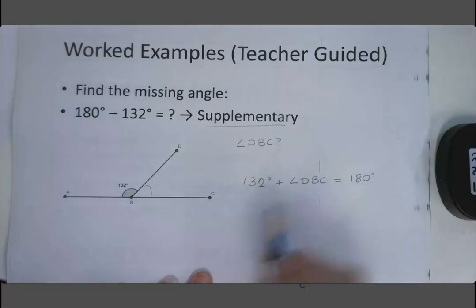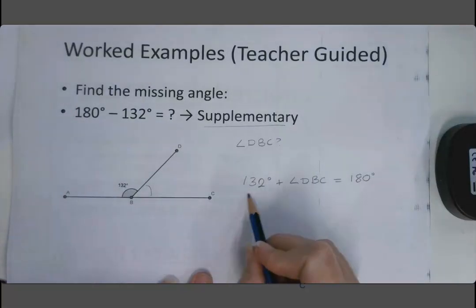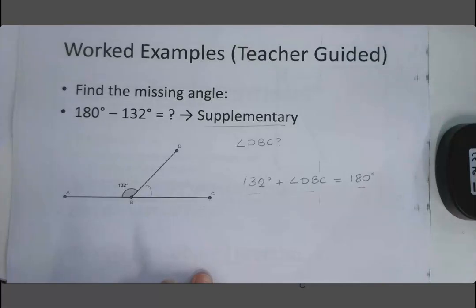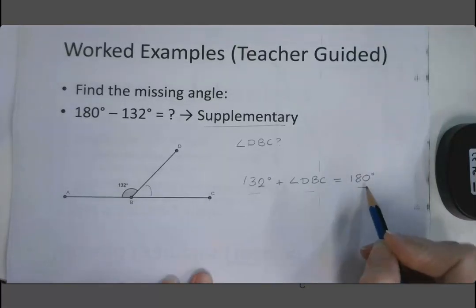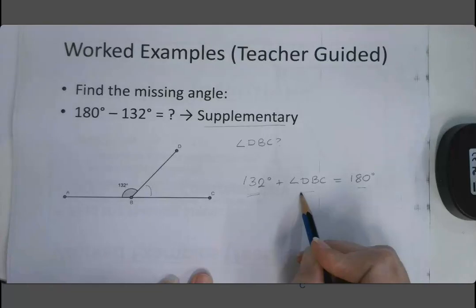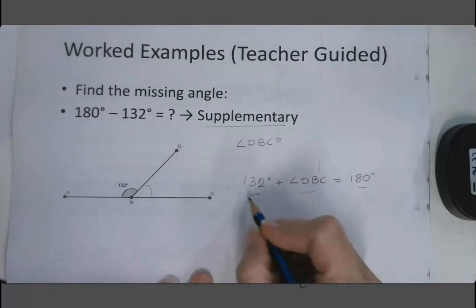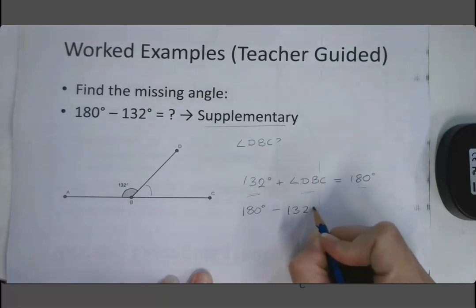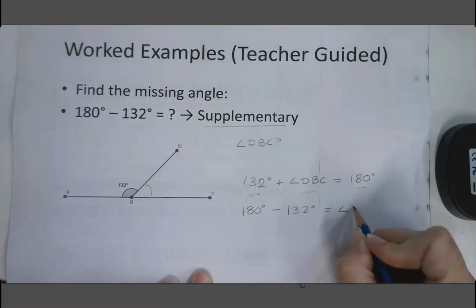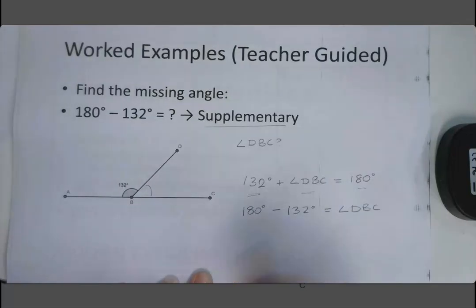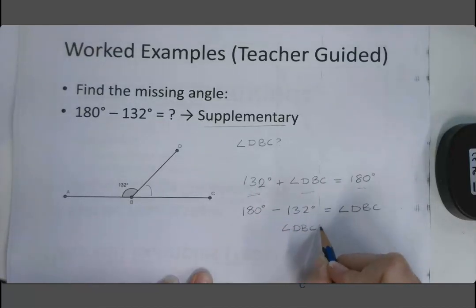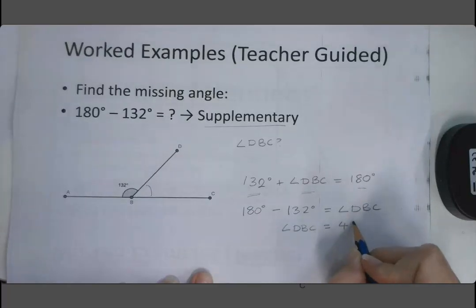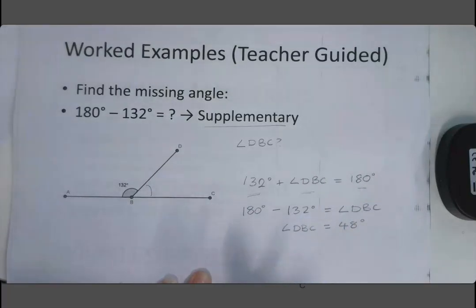So again, two parts adding to give my whole. The whole subtract one of the parts is going to give me the other part. So 180 degrees subtract 132 degrees is going to give me angle DBC, which in this case is 48 degrees.